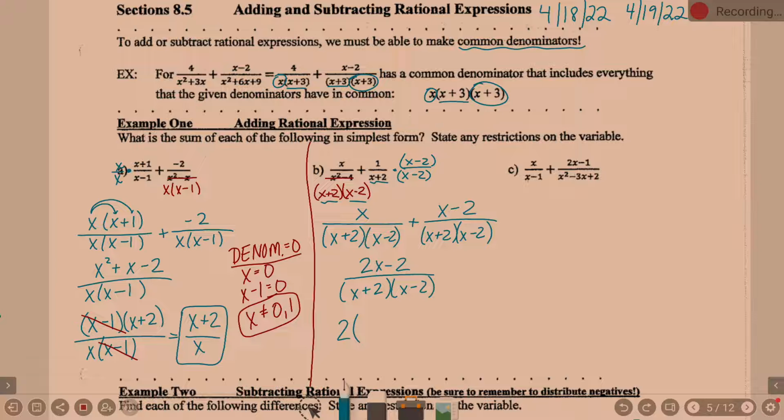When I factor out the 2, 2x divided by 2 leaves me with x, minus 2 divided by 2 leaves me with 1, over my original denominator of x plus 2, x minus 2. What factors cancel? None. My final answer is 2 times x minus 1 over x plus 2 times x minus 2.